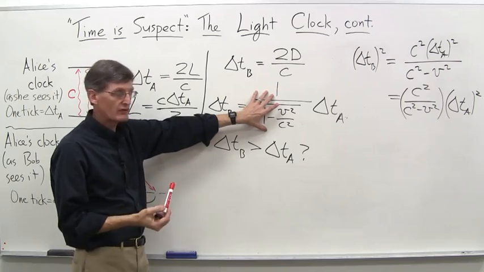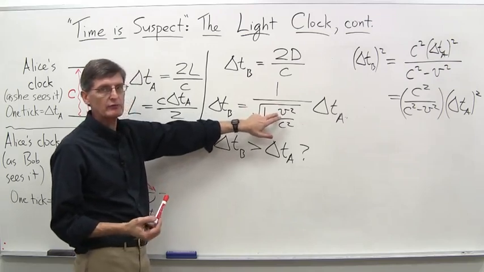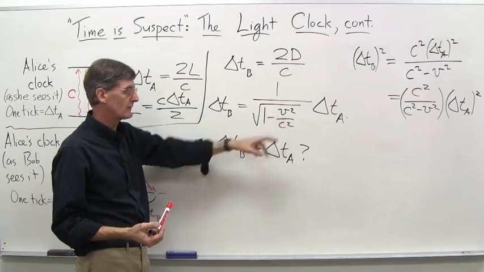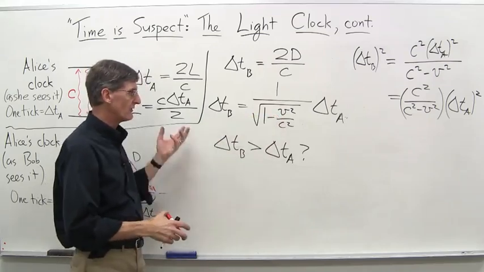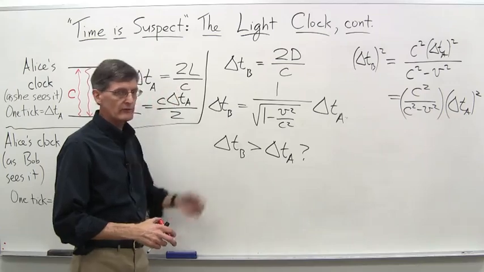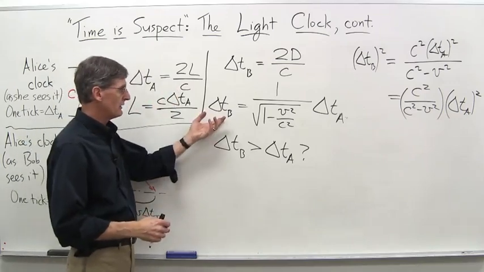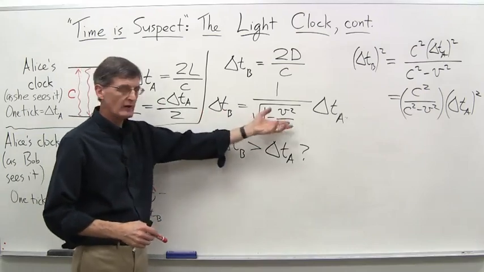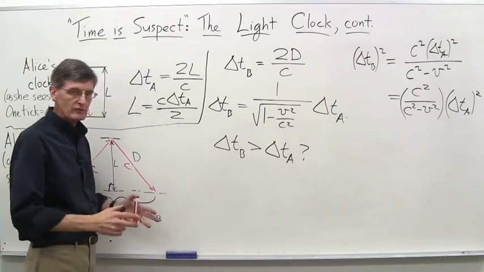But it's an indication from the mathematics that Alice's velocity can never be equal to the speed of light. In fact, we'll do more arguments later on this, essentially that nothing can travel at the speed of light because you get these contradictory situations that delta TB equals infinite times delta TA. So roll that situation out.